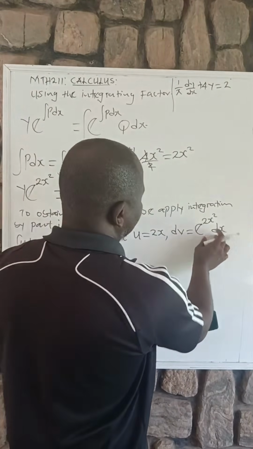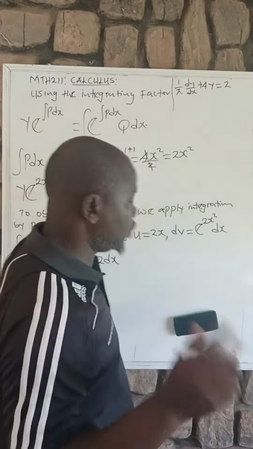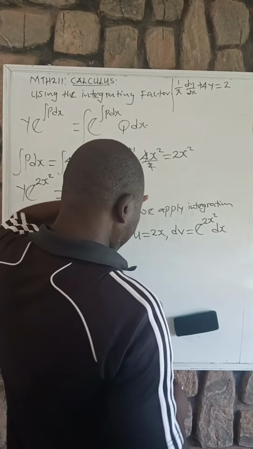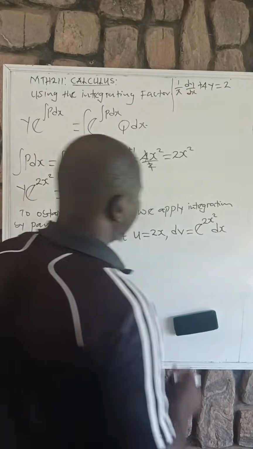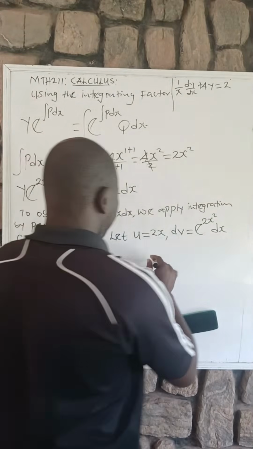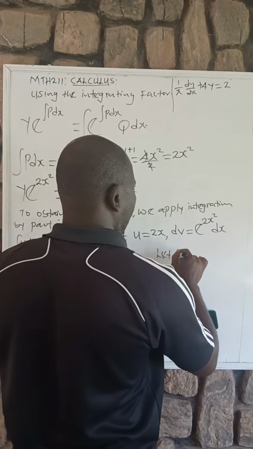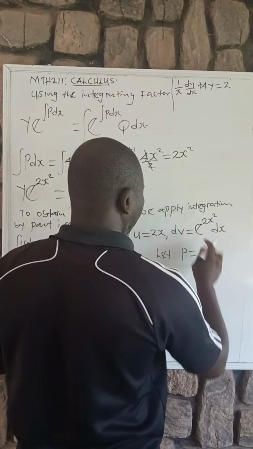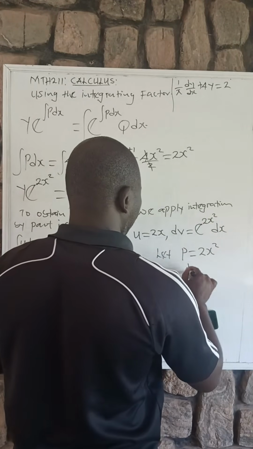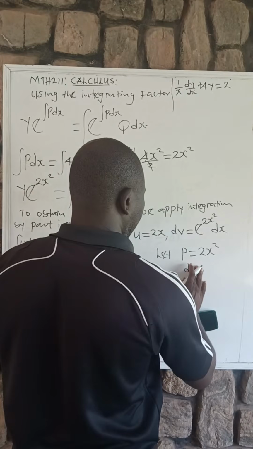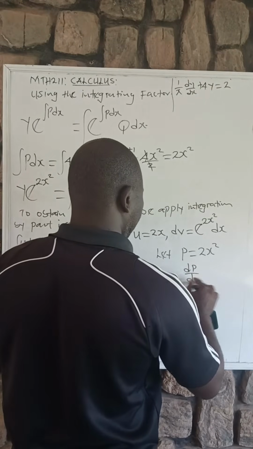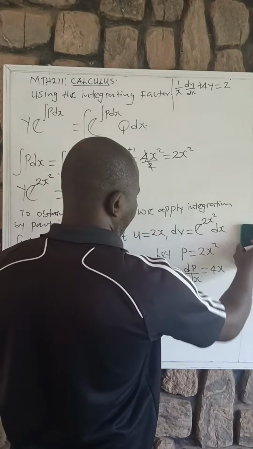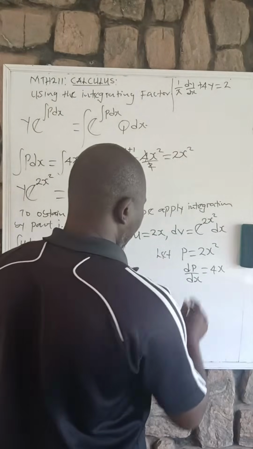But for this right hand side, you are going to use the substitution method because of 2x raised to power 2. So let p be equal to 2x squared. So our dp over dx is going to give us 4x, right? So far so good.